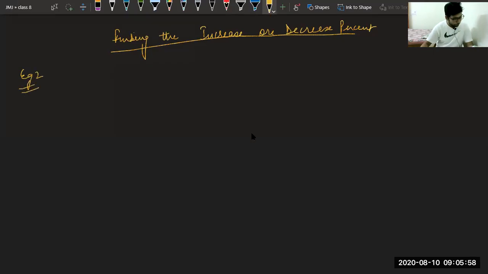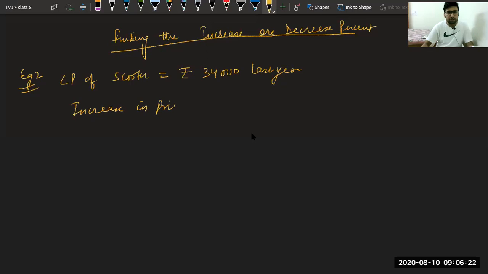Example number 2. The price of scooter was rupees 34,000 last year. So the cost price of scooter is given to you as rupees 34,000 last year. It has increased by 20%. So the increase in price is 20%.